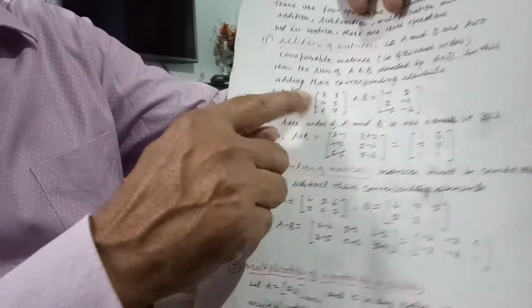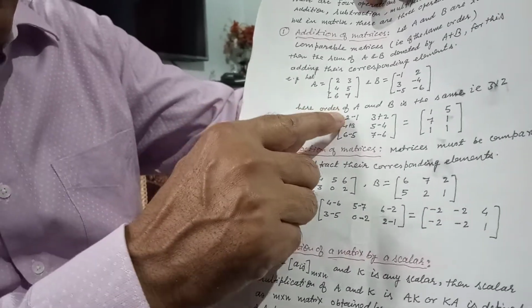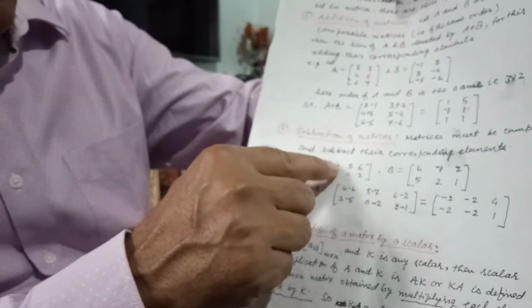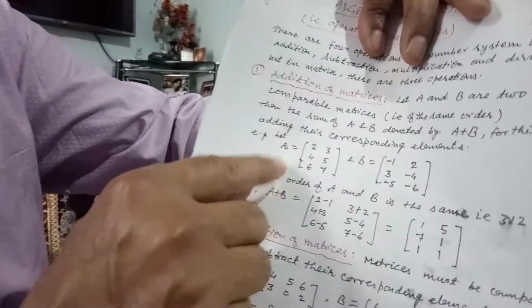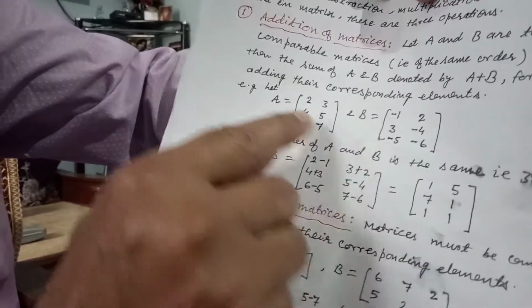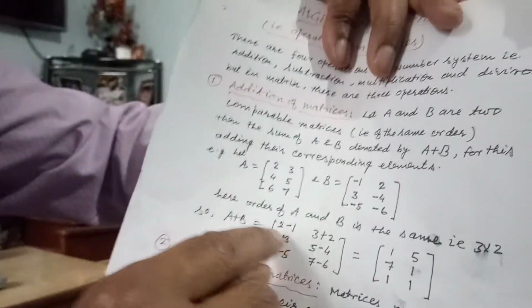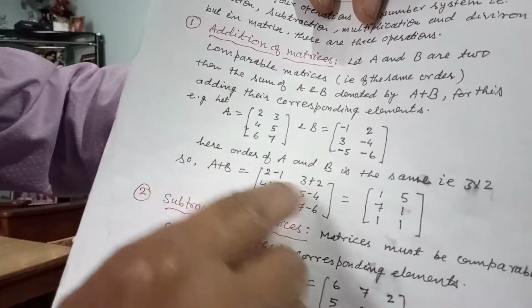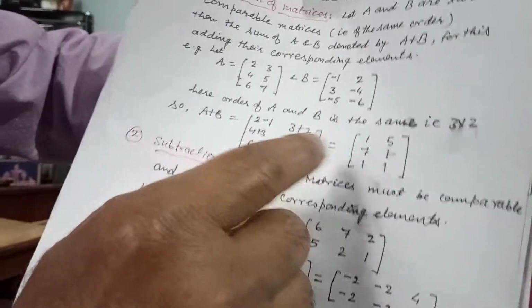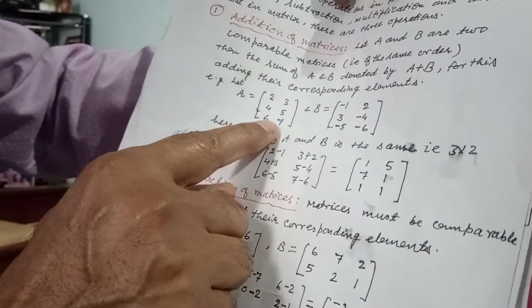When we start to find A plus B, we add the corresponding elements: 2 plus minus 1, so 2 minus 1; then 3 plus 2; 4 plus 3; 5 plus minus 4; 6 plus minus 5; and 7 plus minus 6, so 7 minus 6.